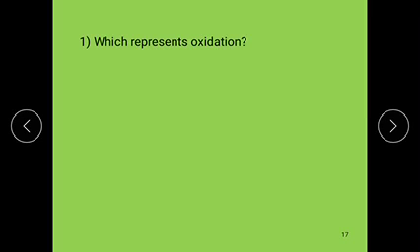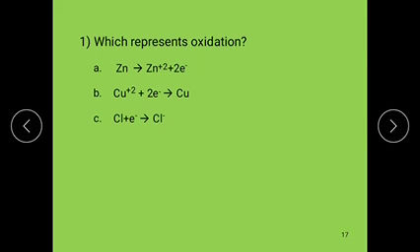Question number 1, which represents the oxidation from the following? A, zinc gives rise to zinc plus 2 plus 2 electrons. B, copper plus 2 plus 2 electrons gives rise to copper. C, Cl minus gives rise to Cl plus 1 electron. D, Cl plus 1 electron gives rise to Cl minus.